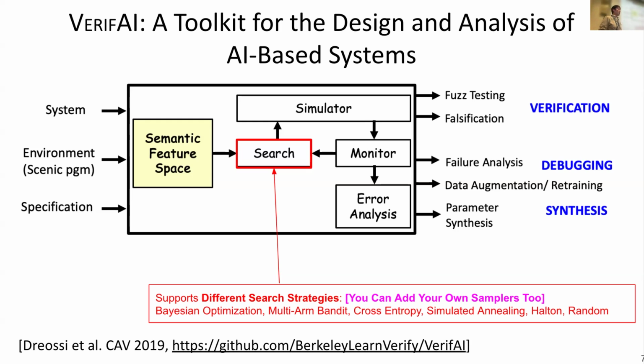So for example, you can specify what variables you want to sample by specifically putting param in front of it, or like VerifAI range, kind of things.